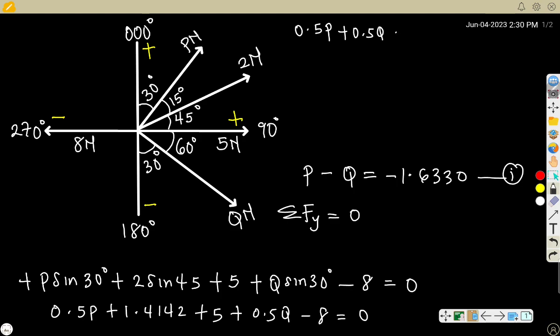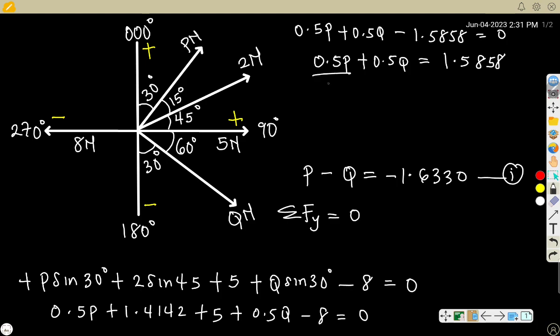So that will be minus 1.5858. Everything equals 0. So that means 0.5P plus 0.5Q equals 1.5858.